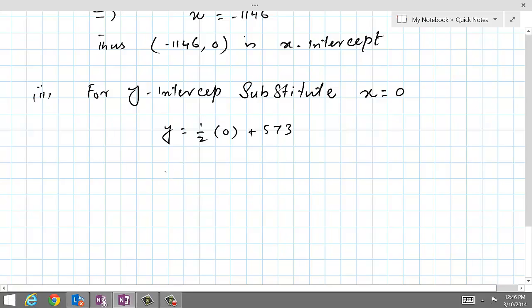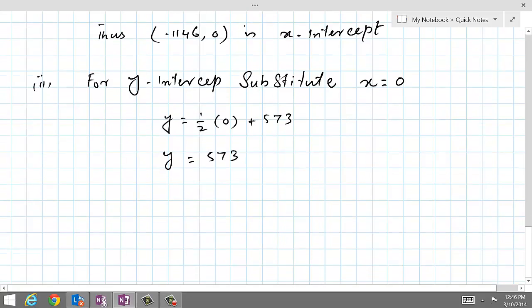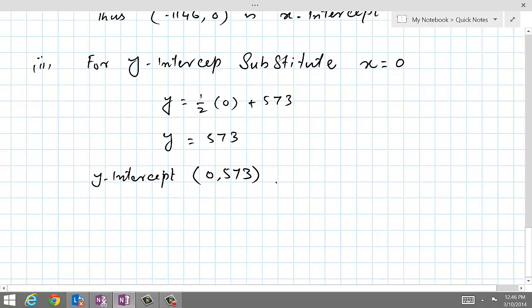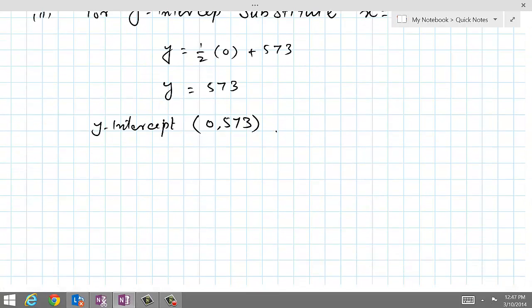So y is equal to 573. Therefore, the y-intercept is 0, 573. This is the y-intercept.